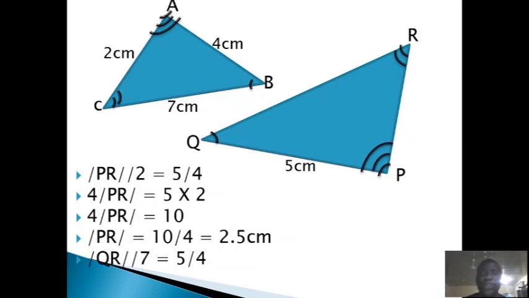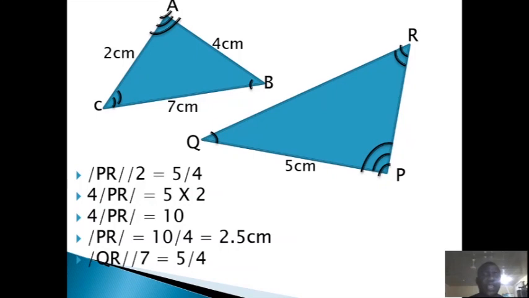PR corresponds to AC, which gives room for 5 over 4 to take place.